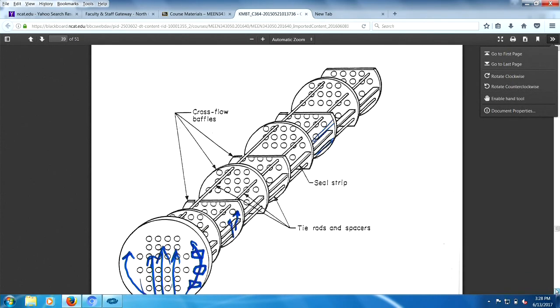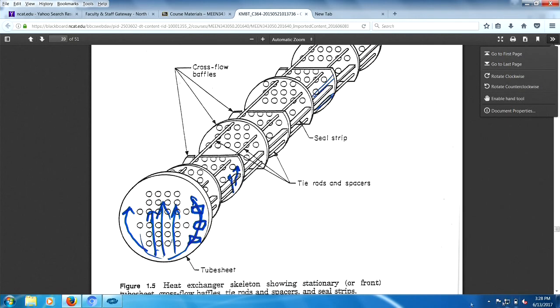And then we have this thing right here. Quickly, you see the outer tube limit. Outer tube limit, OTL. And you have the different baffles in here, and you have sealing strips. What the sealing strips do is force the flow across the tubes, not around the tubes.